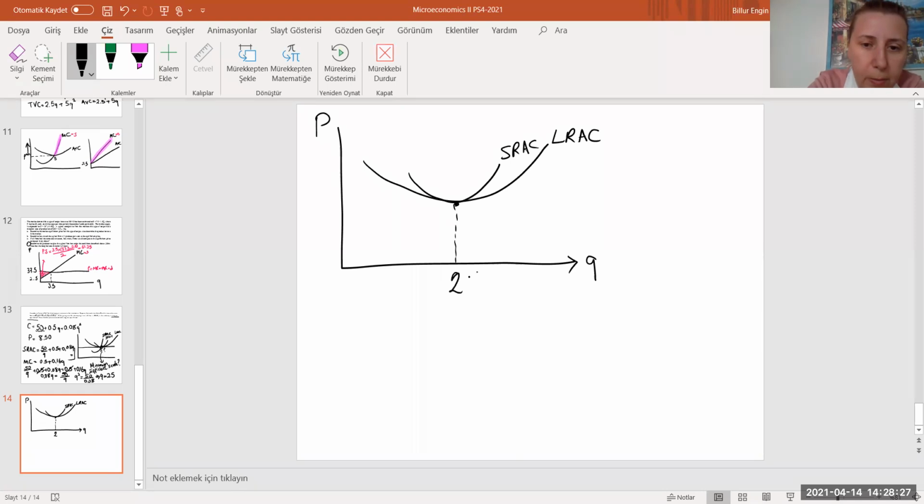Minimum noktasından sonuç olarak biz ne bulduk? Q will be 25. So what will be the price or long run average, short run average cost in that case? Now let's find this one.